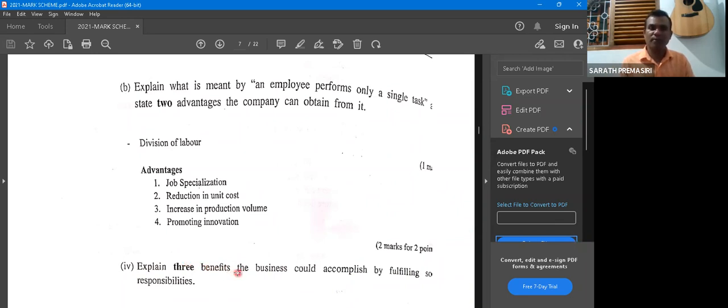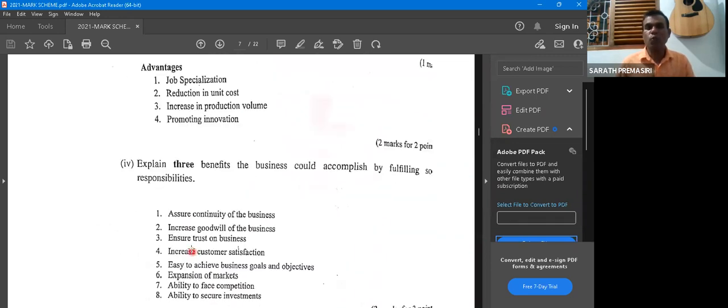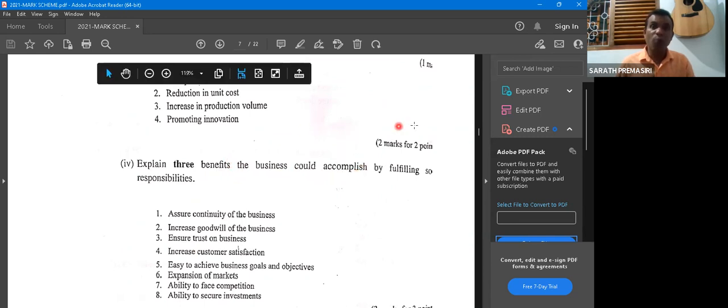Now, by fulfilling social responsibilities, businesses benefit in various ways. Now, our question is what are the social benefits that the business can accomplish by performing social responsibilities.